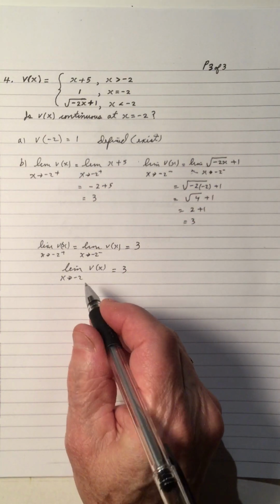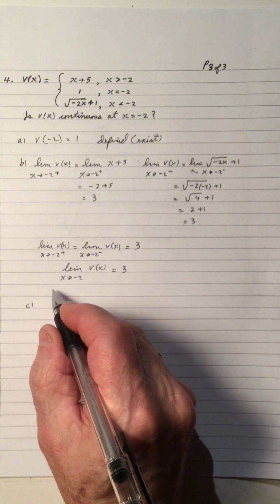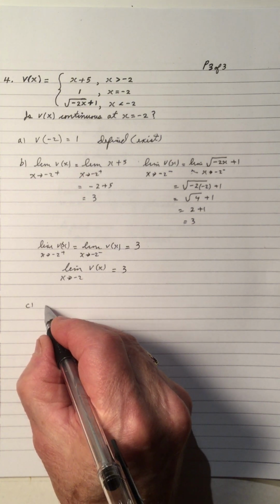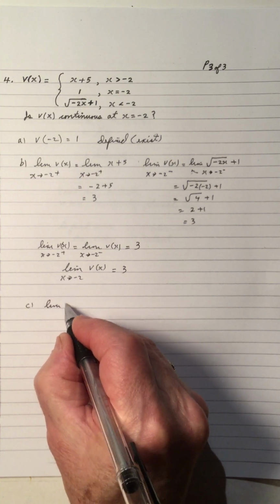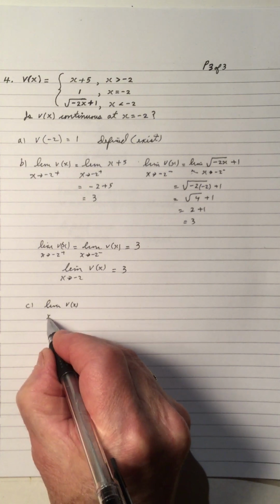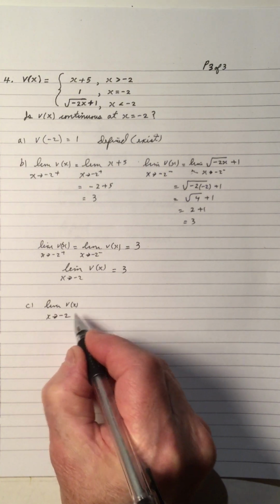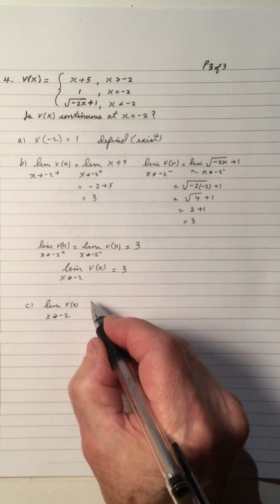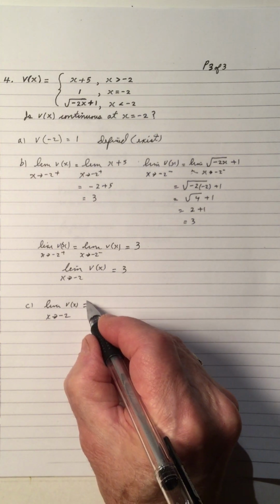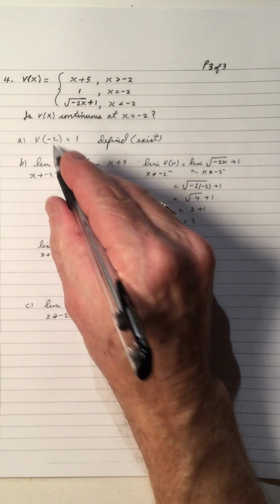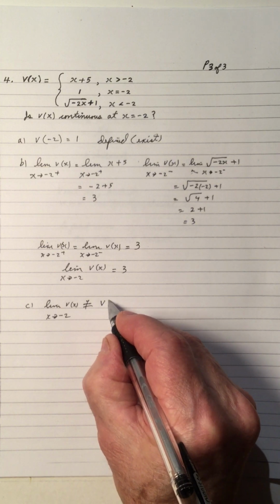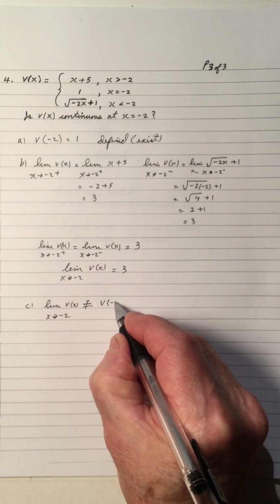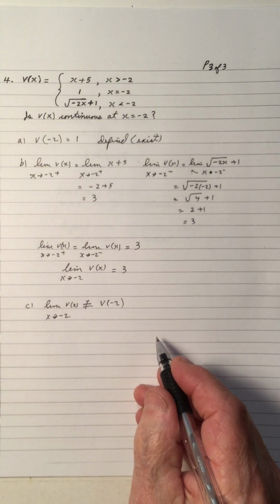Okay, now what do we see? The limit of v of x as x approaches -2 is 3, but notice it's not equal to v of -2. So they're not equal.